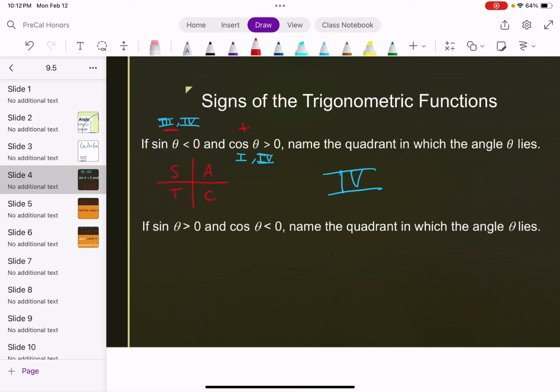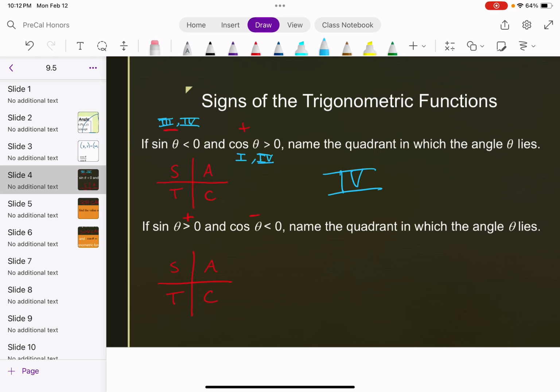We're going to repeat the same process for our second question. Draw out our table, all students take calculus. It says sine of theta is greater than 0, which means this would be positive. And cosine of theta is less than 0, which means negative.